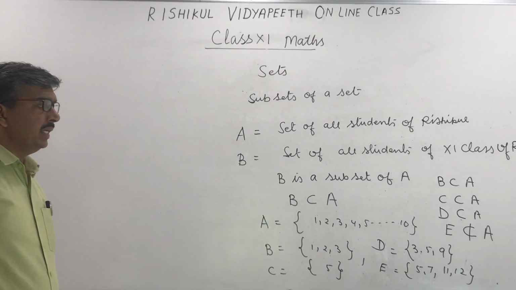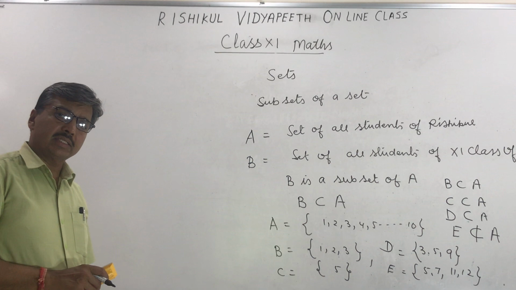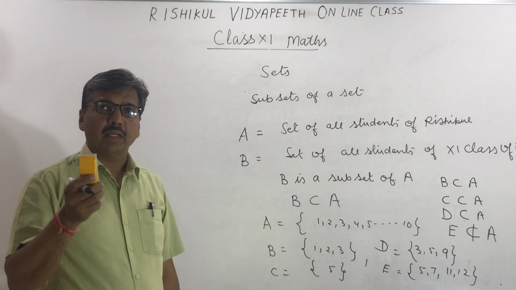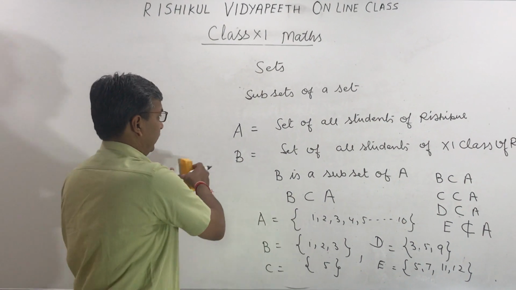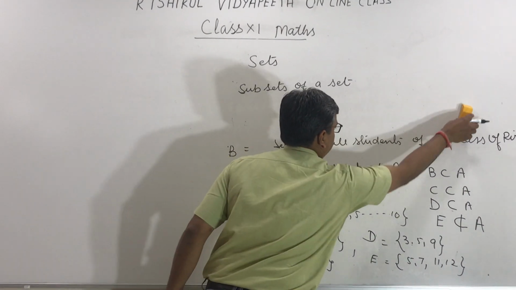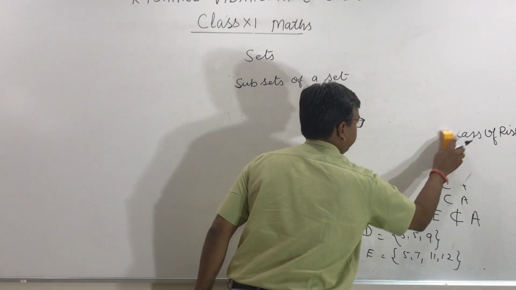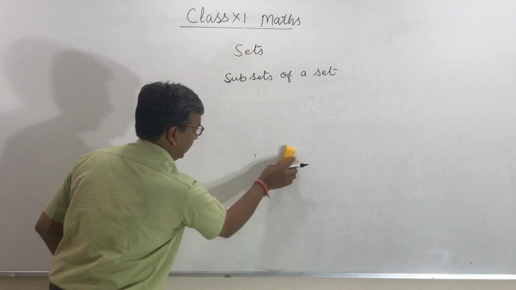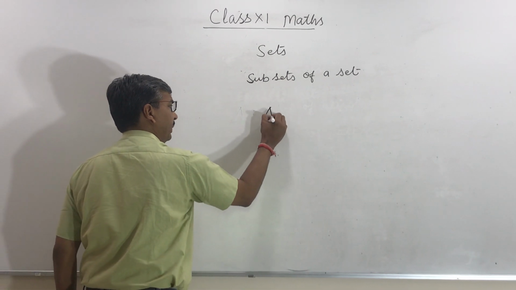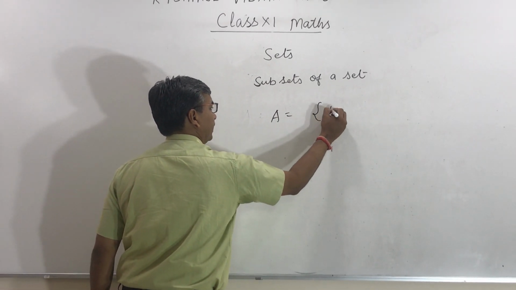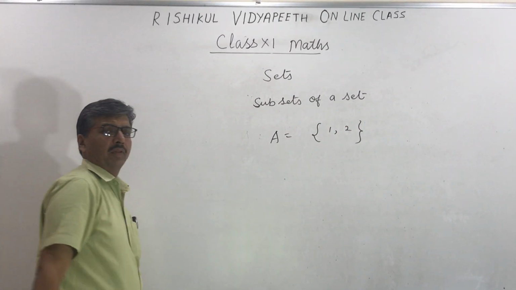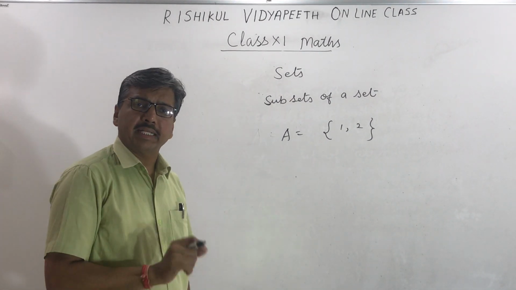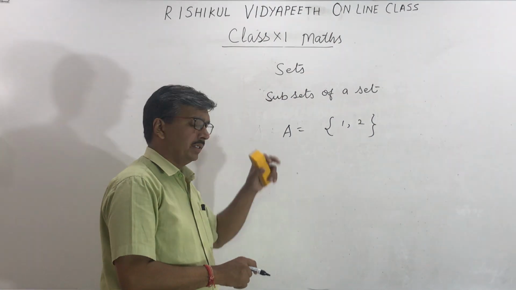Now how do we write the subsets of a set, and how many subsets are there in a set? Let us see. Let A be a set with two elements, 1 and 2. We will see how many subsets there are of this set.